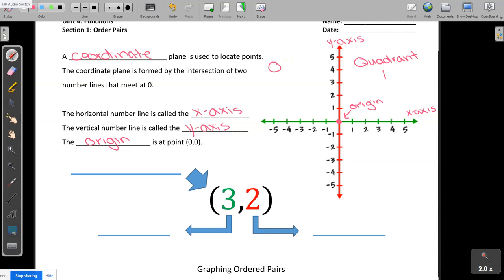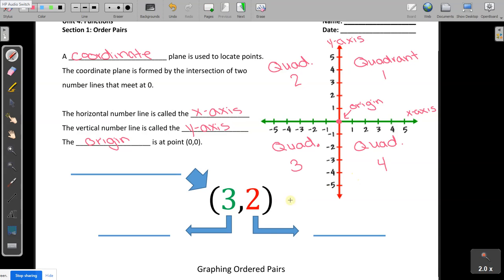And this is our quadrant 2. And then we continue for our quadrant 3. In our quadrant 3, all the x values and the y values are going to be both negative. And lastly, quadrant 4.